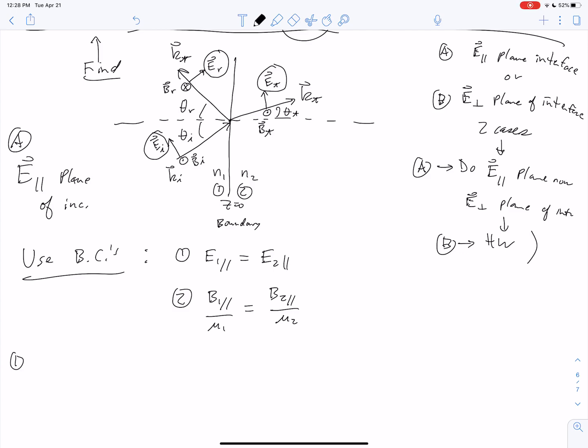So from this diagram, let's do equation 1. What is E1 parallel? Well, E1 parallel is going to be the incident parallel component plus the reflected parallel component.